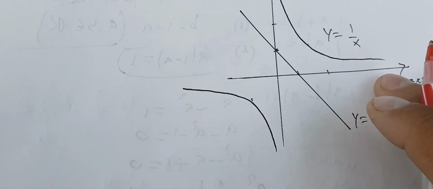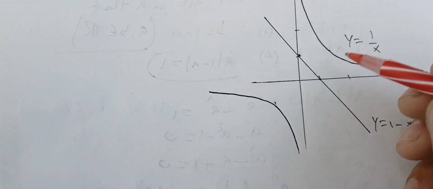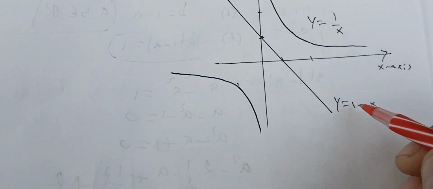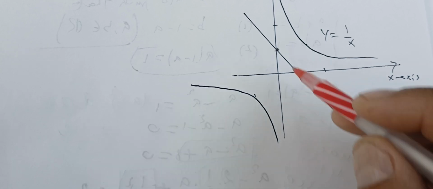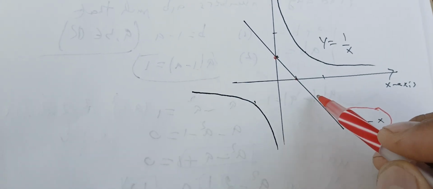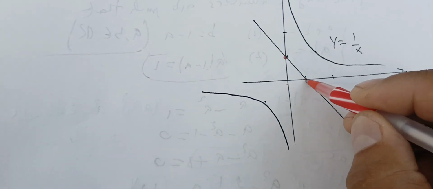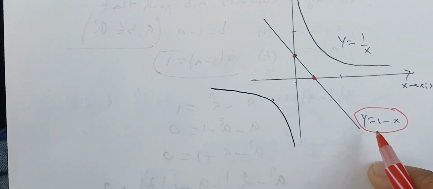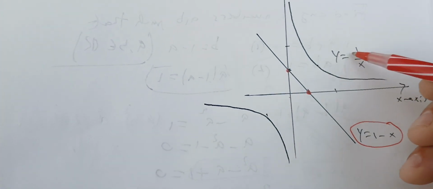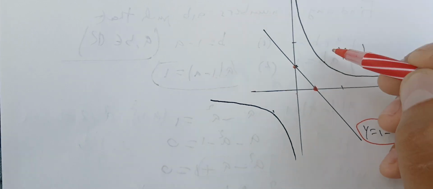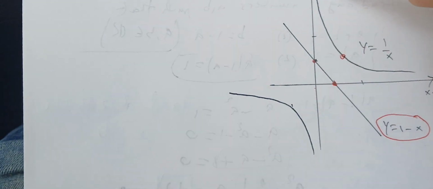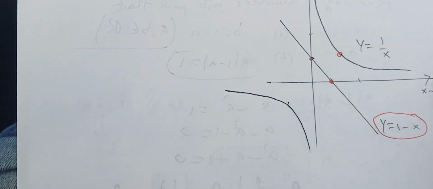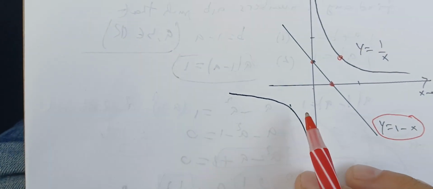So this is our x-axis, this is our y-axis. This equation here is y equals 1 minus x. When x is 0, y is 1, when y is 0, x is 1, and we need only 2 points to graph the line. For the second one, y is 1 over x. I graph this one here. This is 1 over x when x is positive, and this is 1 over x when x is negative.